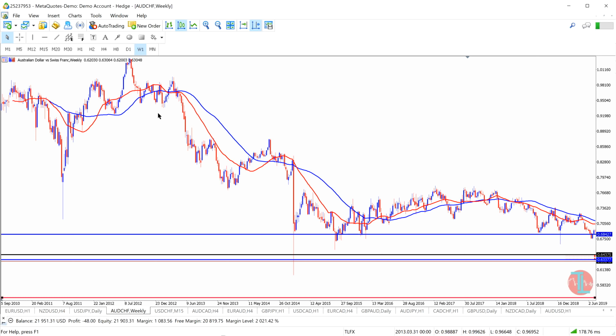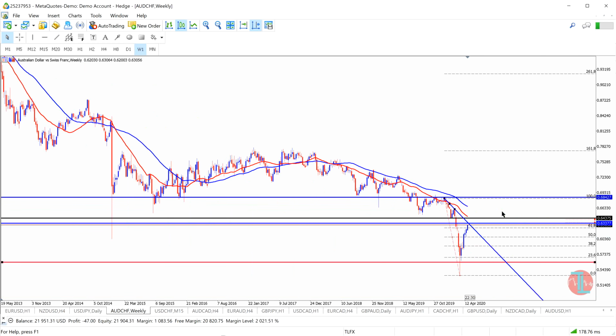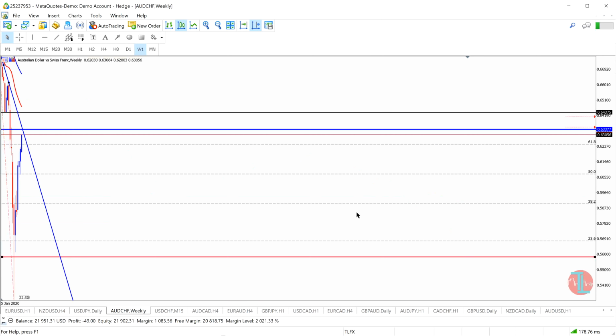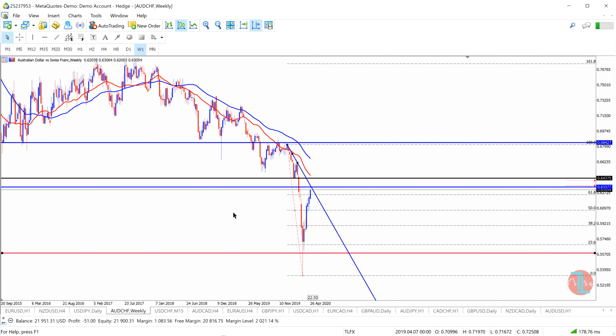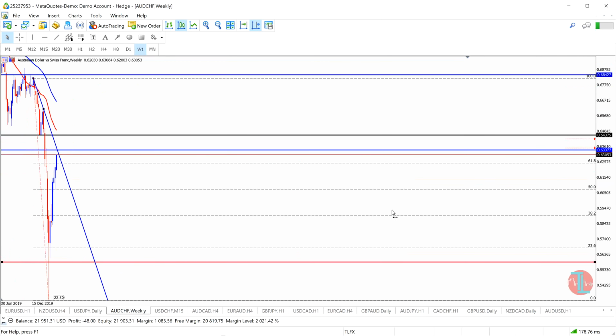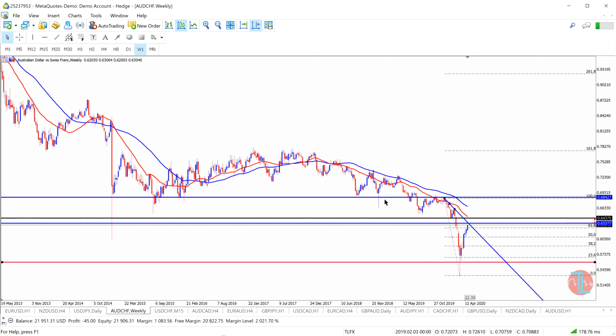Extended downtrend. You can see that we've had pushes above, but then, man, the bears are heavy on this. So we're coming up against these very strong areas. My chart just tripped out. We're coming up against these very strong areas right here.